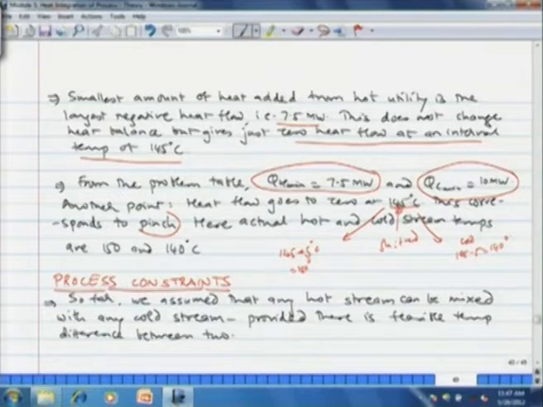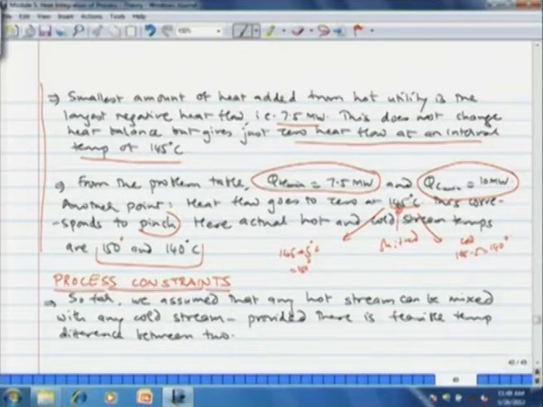So the actual hot and cold stream temperatures are 150 and 140 degrees centigrade. So we have answers to all the questions that we are looking for without plotting a graph. We have determined the minimum hot and cold utility requirement, and we have also determined the pinch temperatures, the temperatures of hot and cold composite streams at which the pinch occurs.